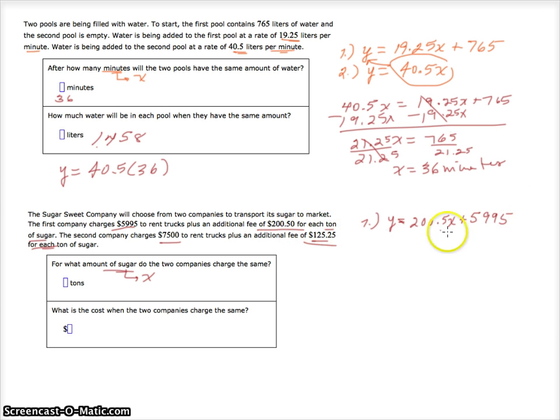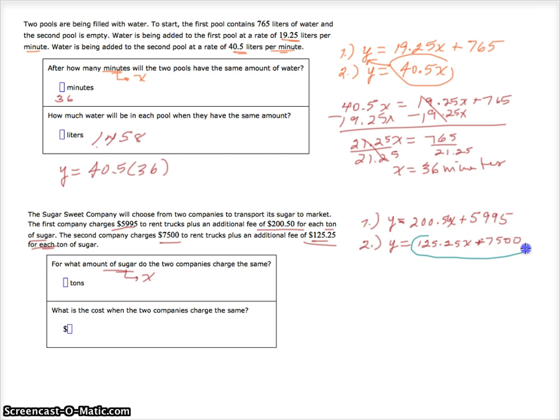The rate for each ton is my rate, and that's 200.50x. And then my second equation is y equals 125.25x plus 7,500. So now I'm going to substitute one of the equations for each other.